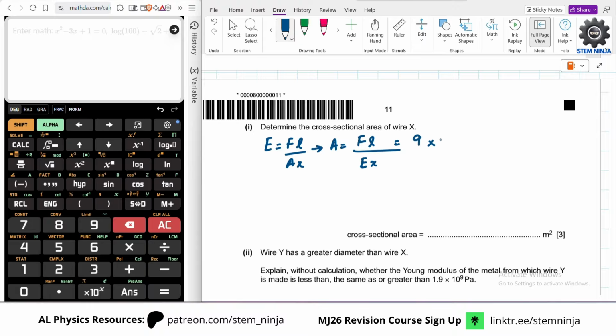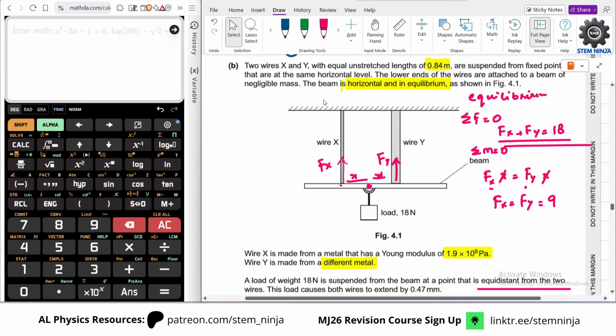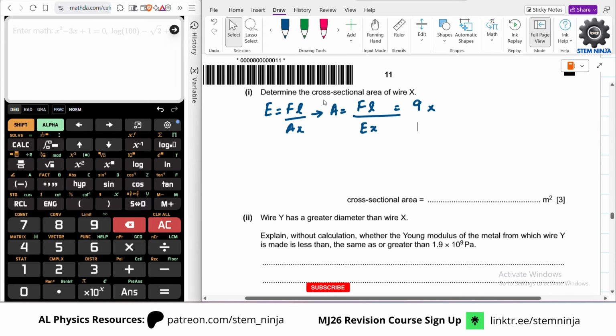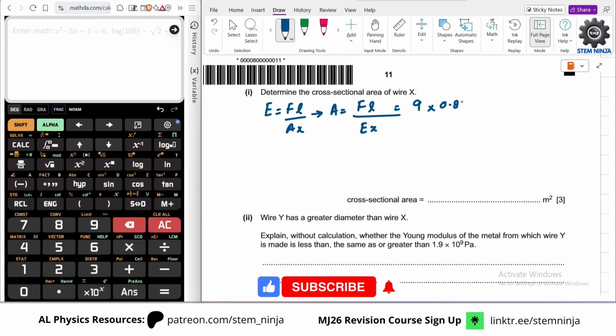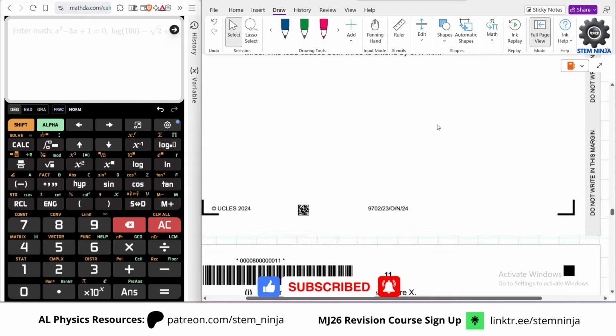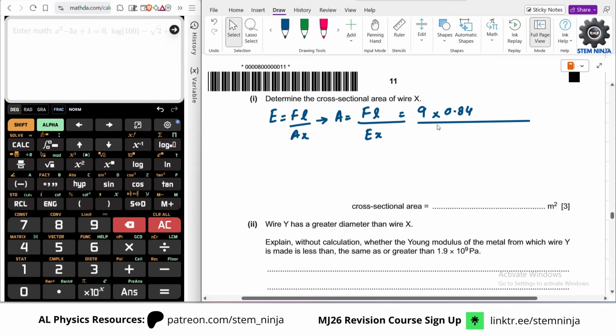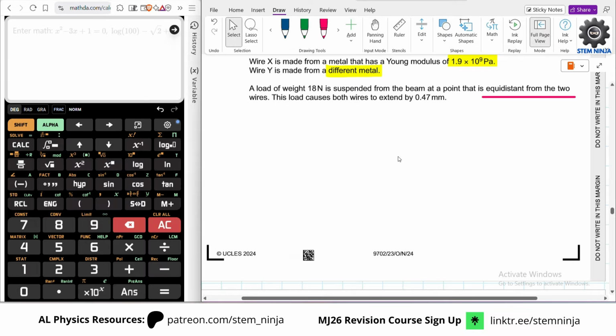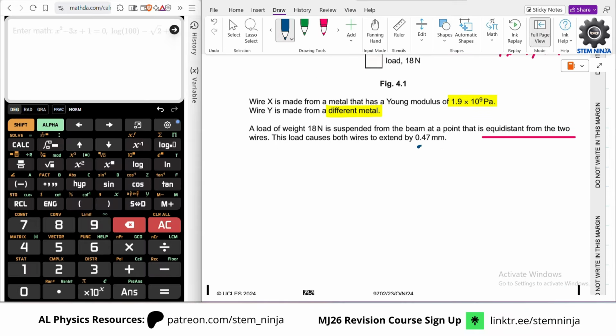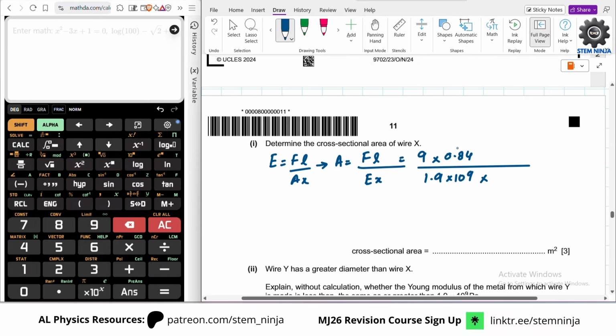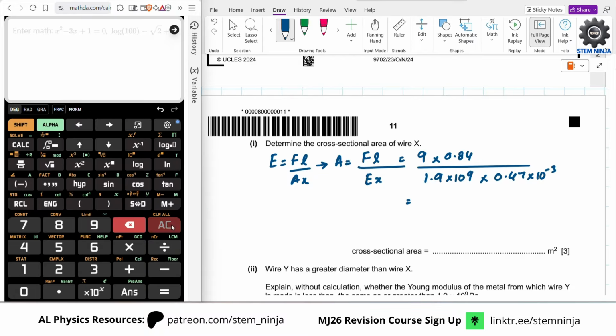Original length is 0.84 meters divided by Young modulus, which is 1.9 times 10 raised to the power 9, and the extension is, I think this was in millimeters, yes, 0.47 millimeters. So 0.47 times 10 raised to the power minus 3. So obviously we need it in meters.